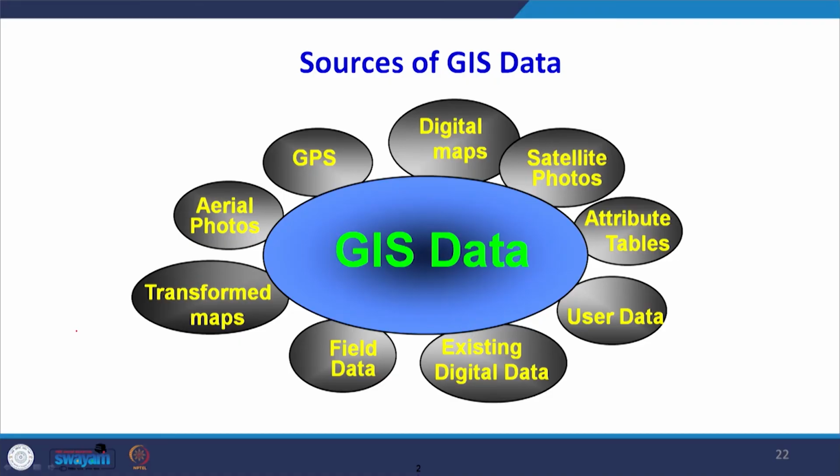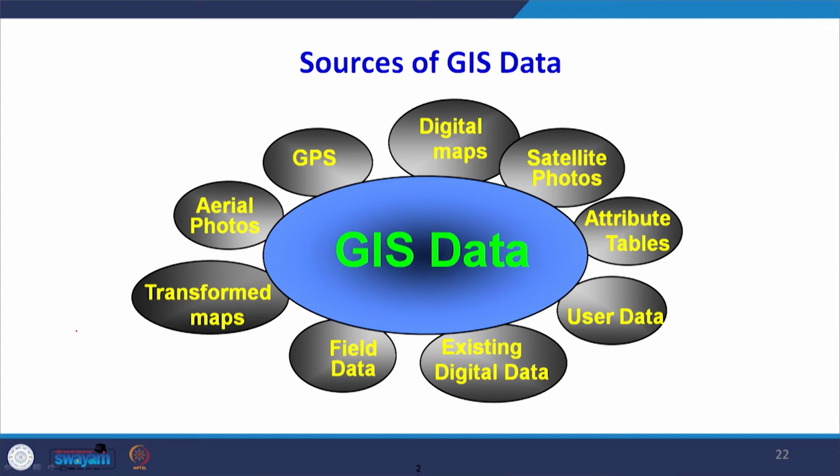Now there are different sources of GIS data sets. I can get information into my GIS system from different tools and different sources, and many of these tools and sources you have already learned about in this geomatics course also.